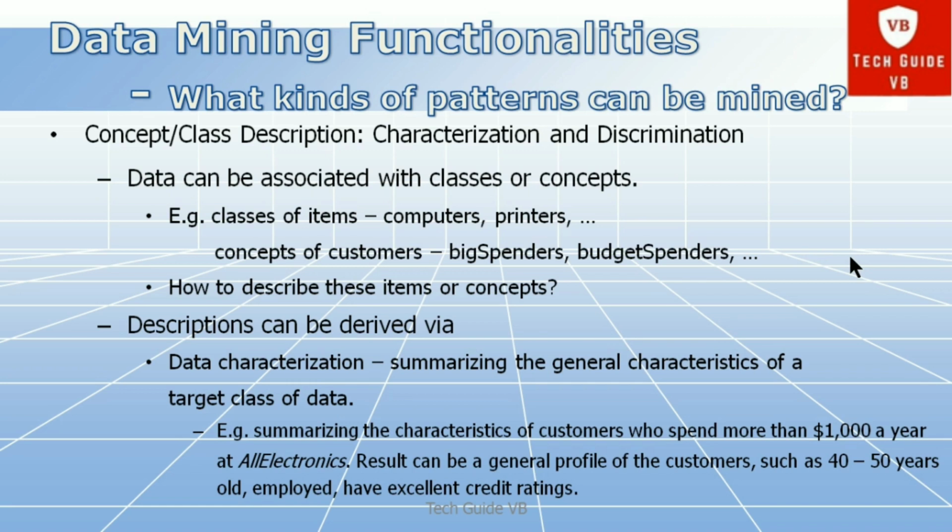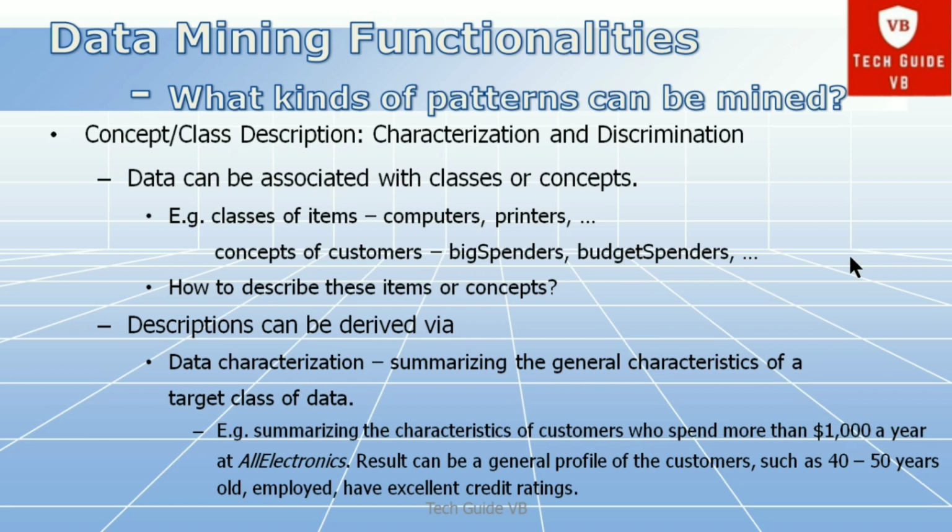So we will start with characterization and discrimination. First we will see the concept or class description. Data can be associated with classes or concepts. For example, classes of items, that is computers, printers. Concepts of customer, that is big spender, budget spender, low spender, high spender, medium spender.